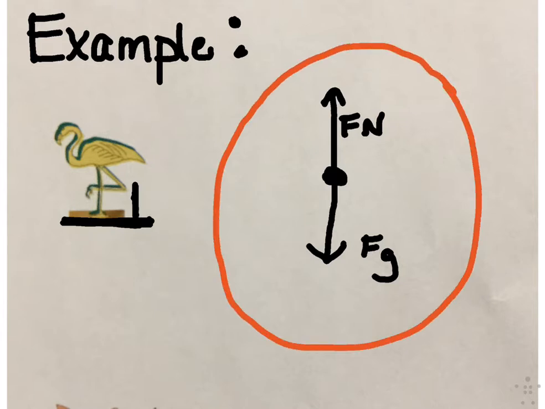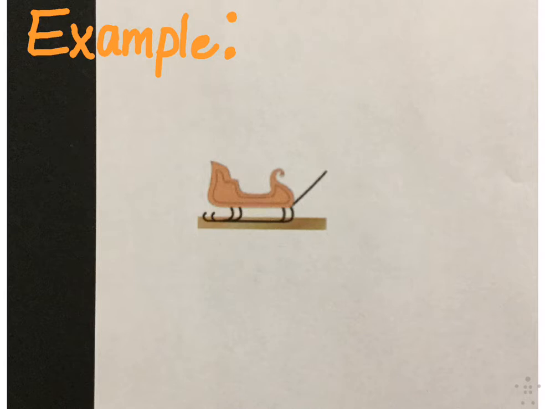Easy as that. So this time I have a little bit more of a complex example to show you. This sled is going to be our receiver, and we're going to assume that it is in motion this time. So we're going to assume that the sled is being pulled. So the first thing that we need is our dot in the middle, and then go through your forces. First one is gravity, which of course there's gravity on the sled pulling it down.